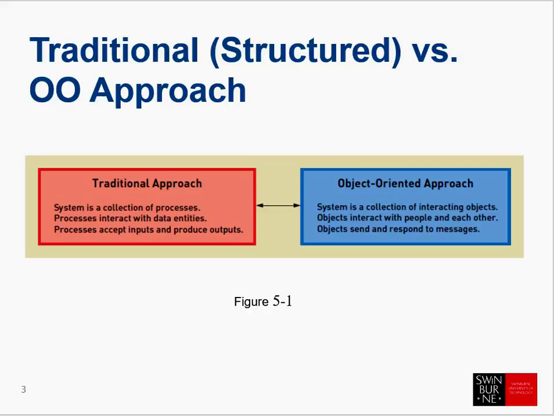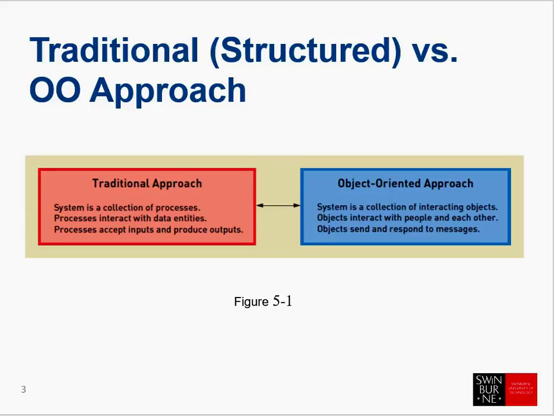Now, the object-oriented approach views a system as a collection of interacting objects. The objects are based on things in your problem area, which we call the problem domain. Objects are capable of having behavior, which in programming languages we usually call methods.